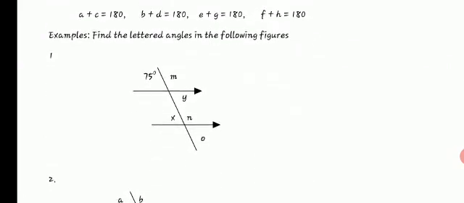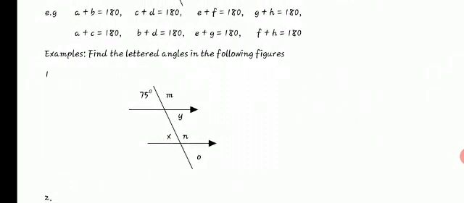Example. Look at this example number 1. We have to find the lettered angles in the following figure. We could start from any letter, just so you know the properties of all the angles on parallel lines and a transversal.